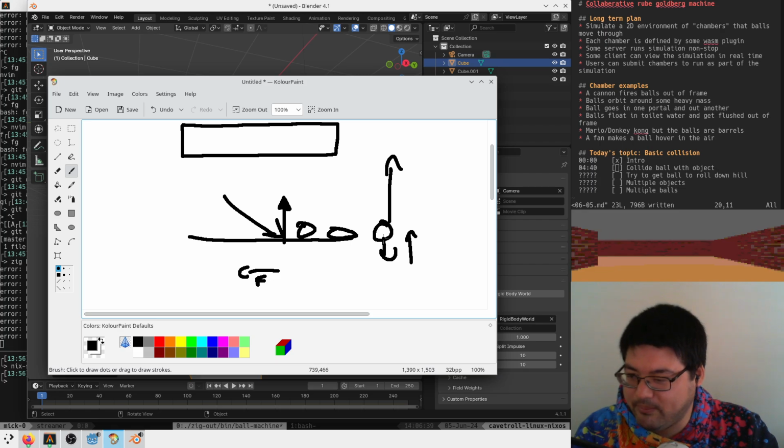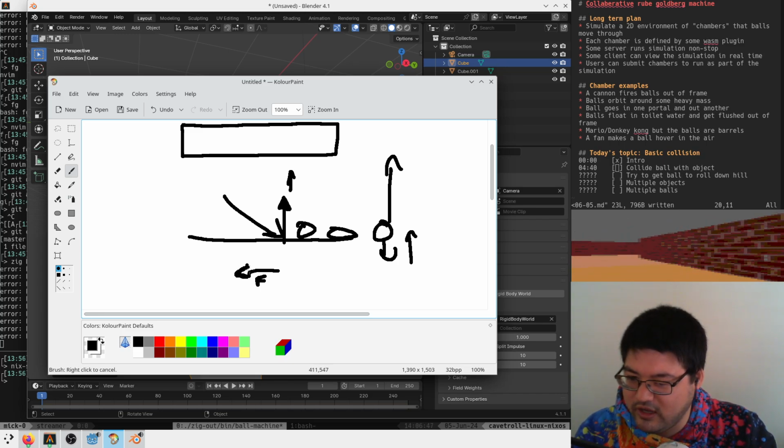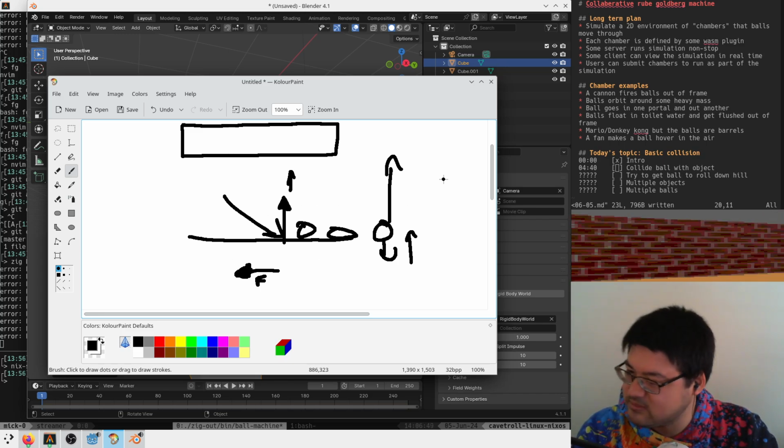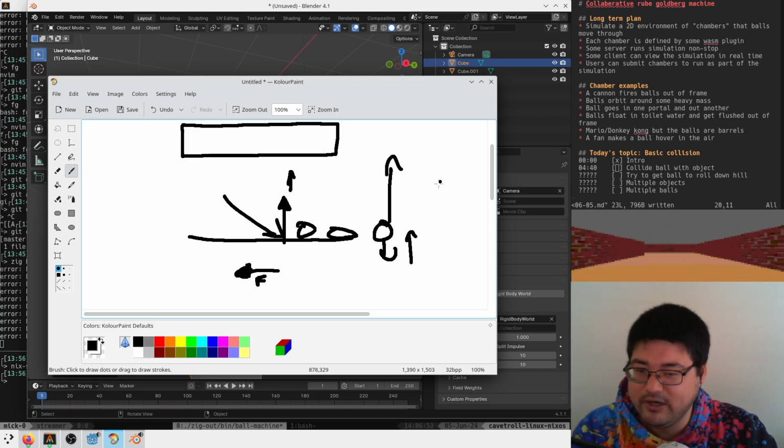If this is perfectly elastic, it will go back vertically at the same speed that it came in. And if there's no friction, it will continue horizontally at the same speed that it came in. Hand wavy. It should never go faster, right?